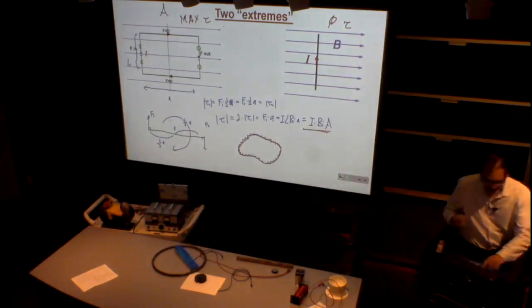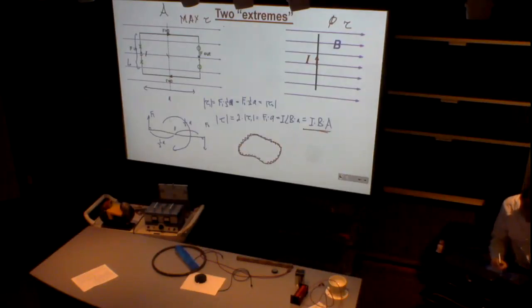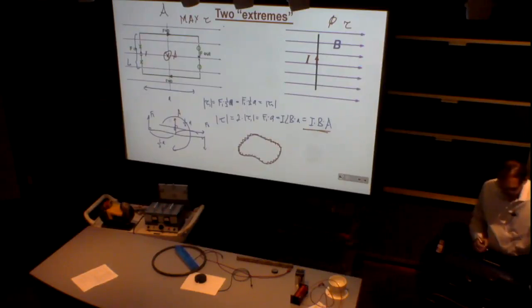So the area vector here, here, and magnetic field lines, as you can see, perpendicular to the area vector. This is always a case for the maximum torque acting on a loop. When magnetic field is perpendicular to the area vector, the torque has its maximum possible magnitude.